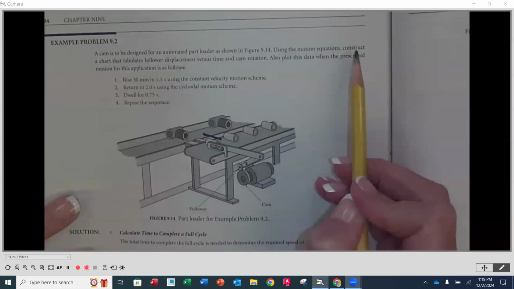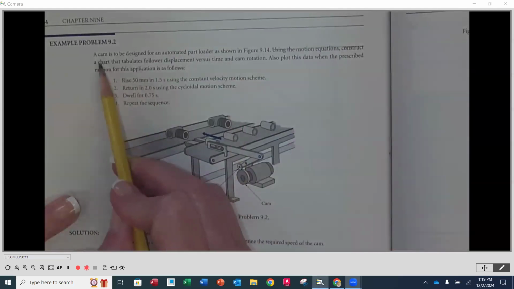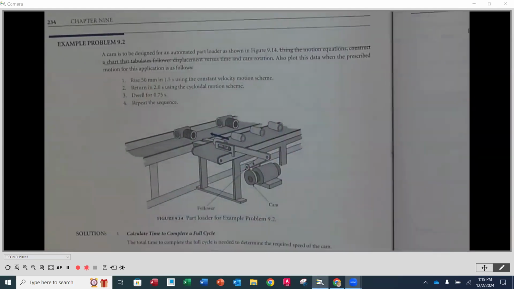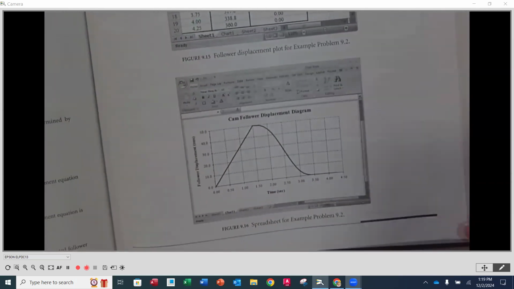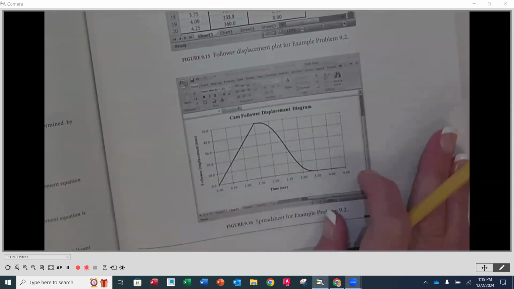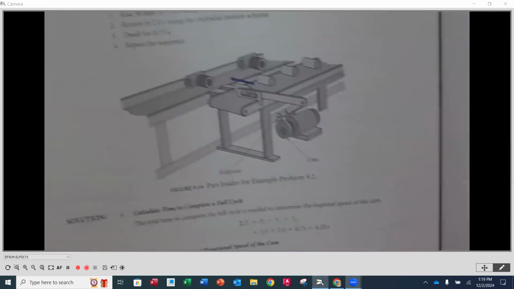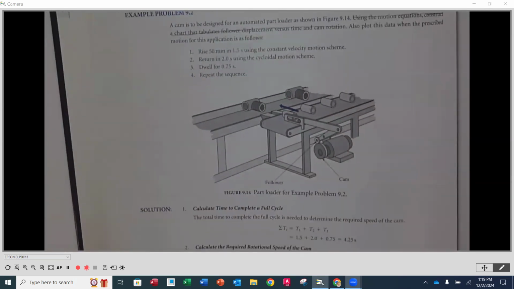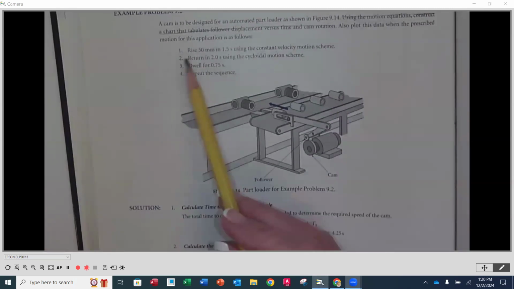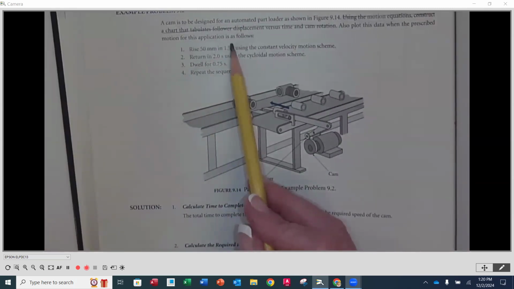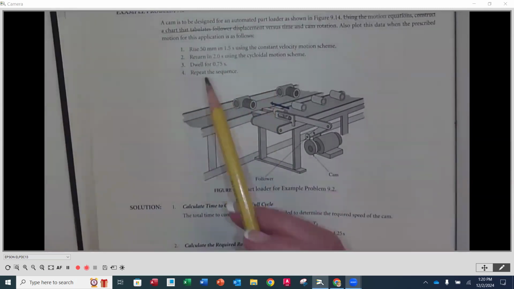You are not going to be doing that, okay? And what that is, it would be using Excel to create this. What we're going to actually do is create the displacement diagram using the graphical means that we've just looked at, okay? And then it just says here, and plot the data with the subscribed motion as we see here in 1 through 4.